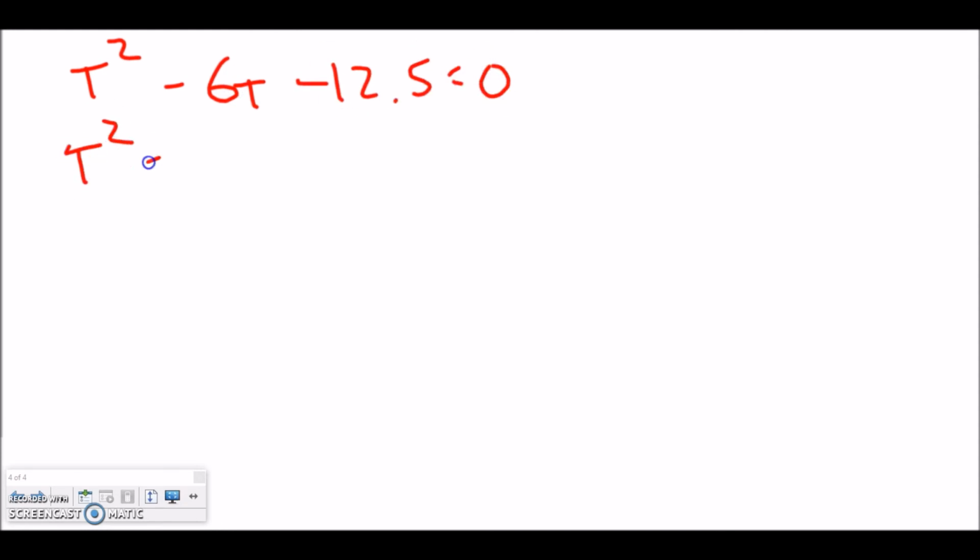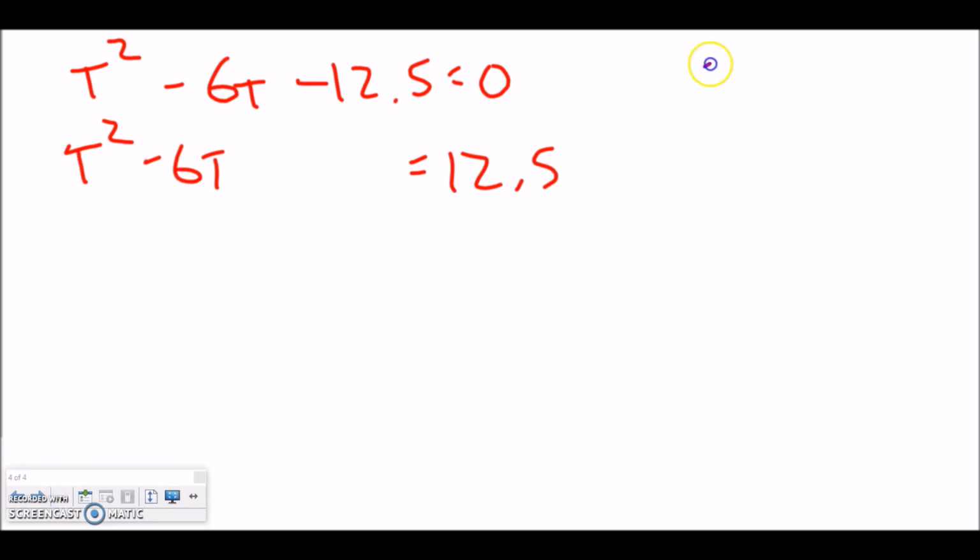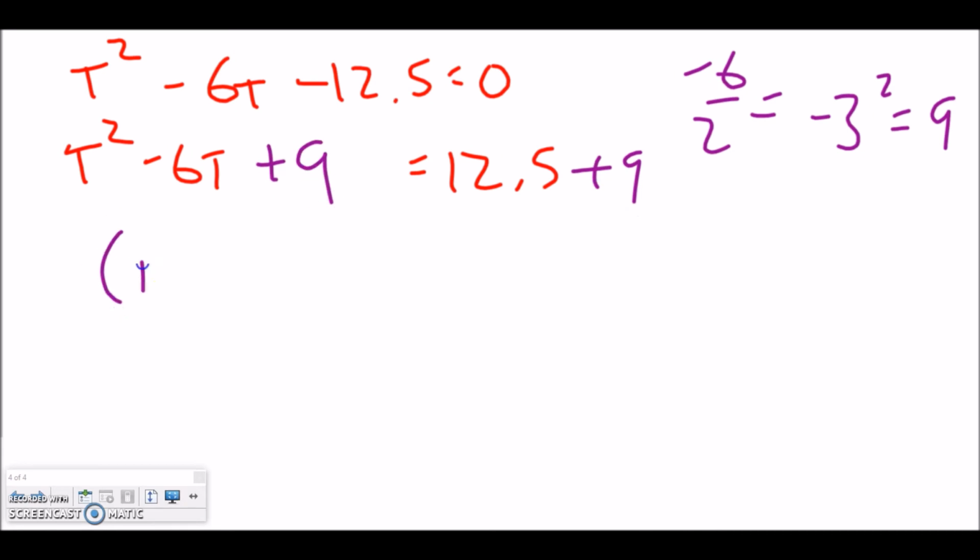You know you need to add the 12.5 to the right. Then we take half of negative 6, which is negative 3, and we square that, and we get positive 9. So we add 9 to both sides. Factor the left, t minus 3 squared, and on the right, 21.5.